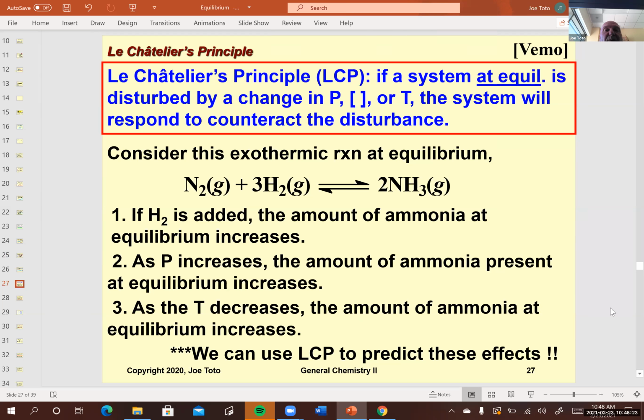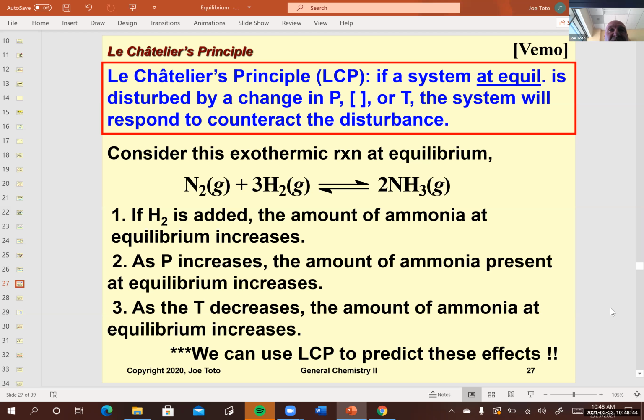Okay, so now we get to the point where we study Le Chatelier's principle. And this is the principle that helps us, for example, push a reaction to the right or to the left, depending on what we want. The question is, are we always stuck with concentrations that we get at equilibrium?